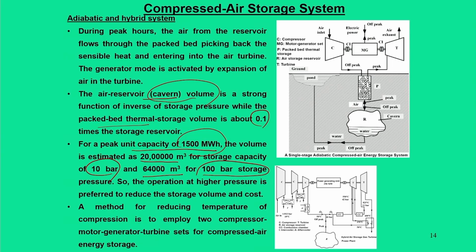So, 20 lakh meter cube comes down to 64,000 meter cube, which means at higher pressure the storage volume is less, which means that the cost of developing this system will be less. Hence, it is concluded that a compressed air storage system becomes effective when we are exploring high pressure storage.